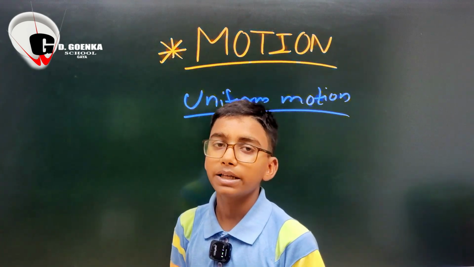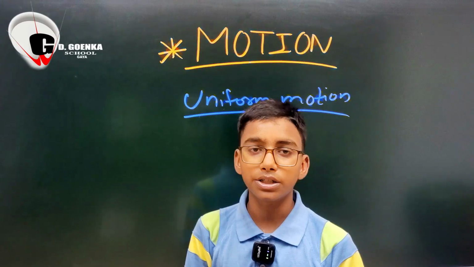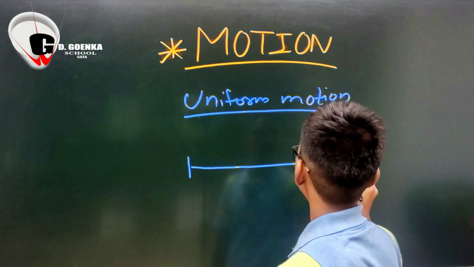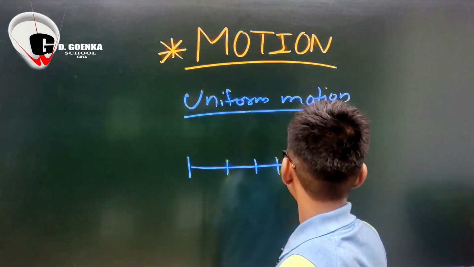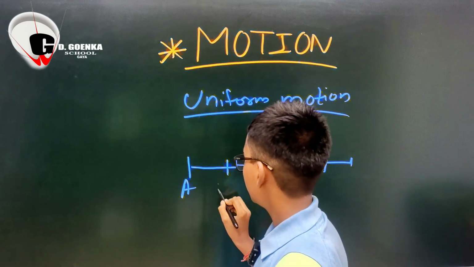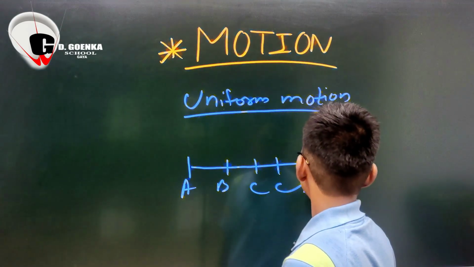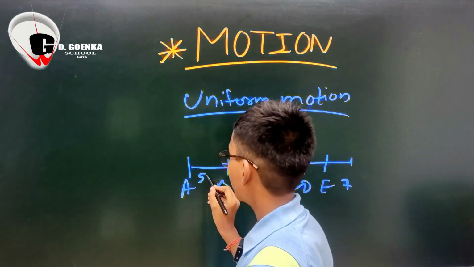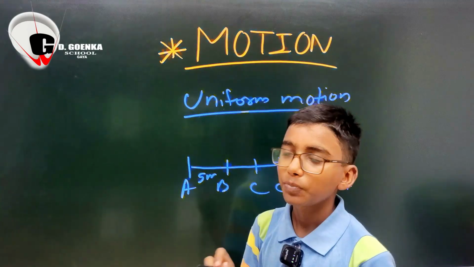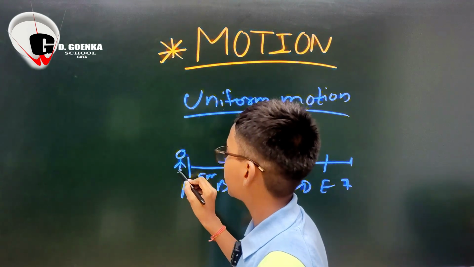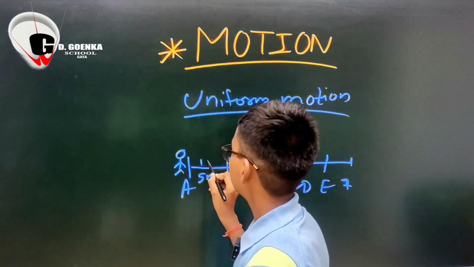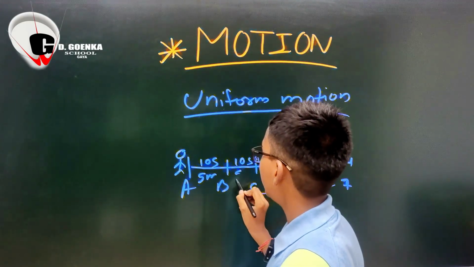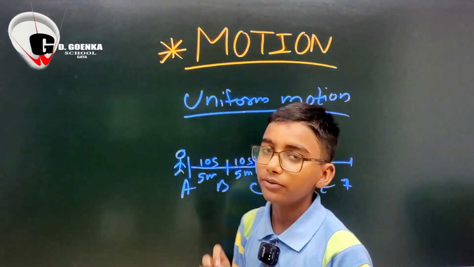Uniform motion is when an object covers equal distances in equal intervals of time. Suppose the distance from point A to B is 5 meters and the same everywhere. Someone is over here and in 10 seconds he covers 5 meters. If he takes 10 seconds to cover the next 5 meters and so on, it will be a uniform motion.